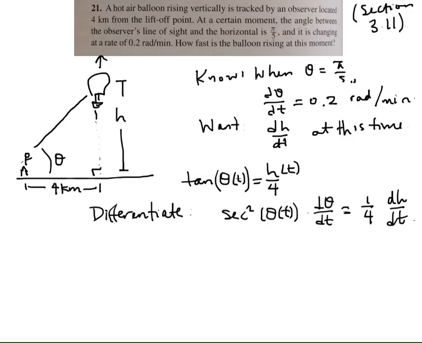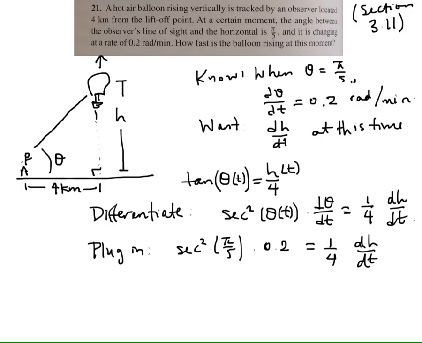Now, what do we know? We know at the time that we care about, d theta dt is 0.2 radians per minute, and theta is pi over 5. So we can plug in: secant squared of pi over 5 times 0.2 equals 1/4 dh dt.